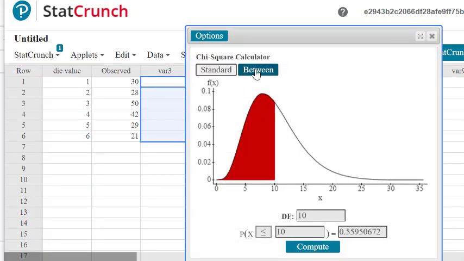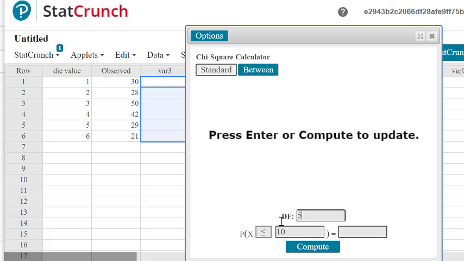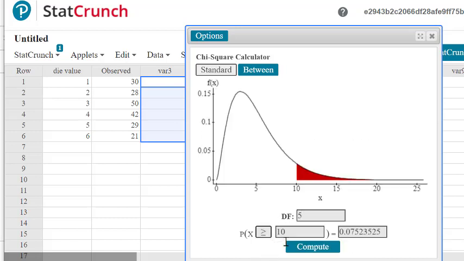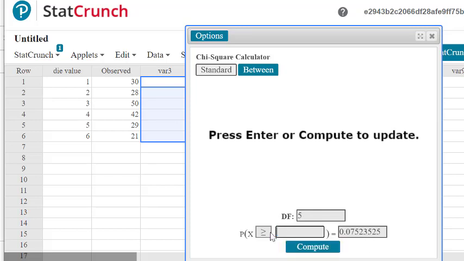We want a standard chi-square, and we want the degrees of freedom to be 5. And we want this to be greater than, and this is an unknown quantity for us. This is the number that we have to look for. And we want the area to be 0.025.